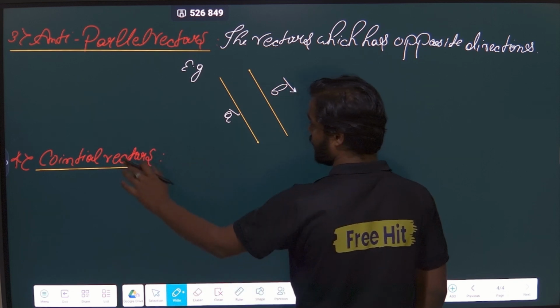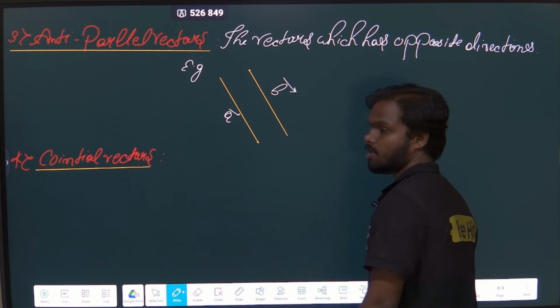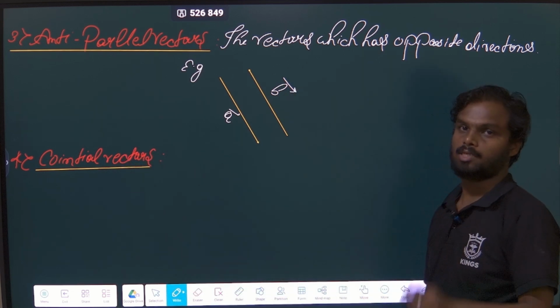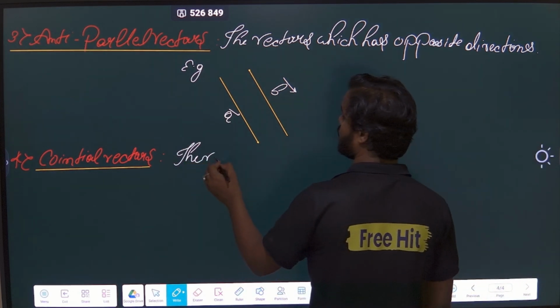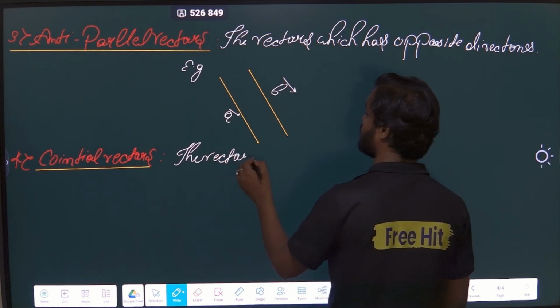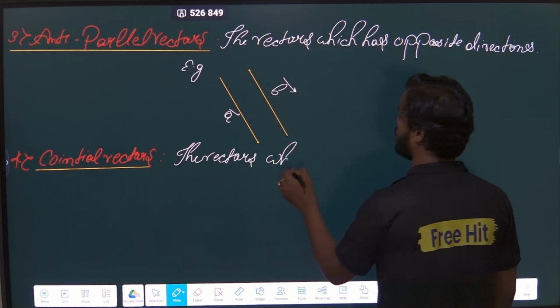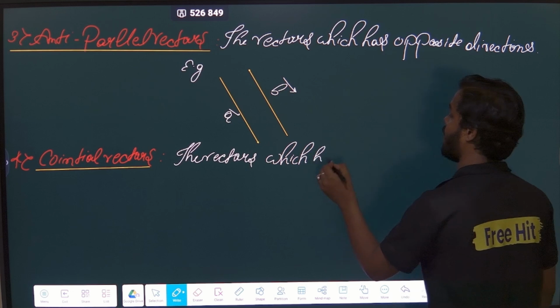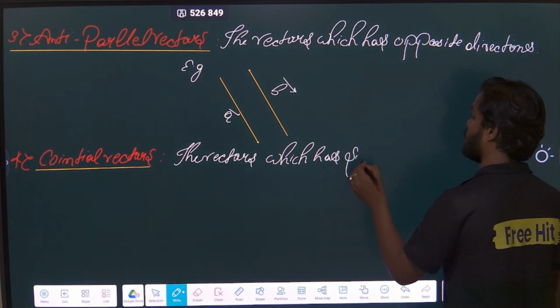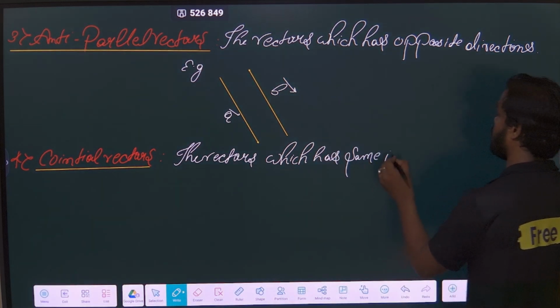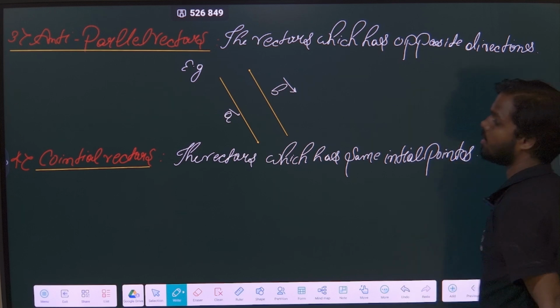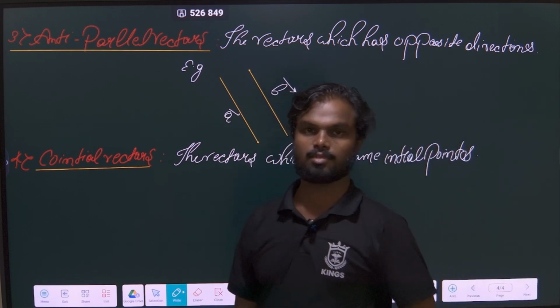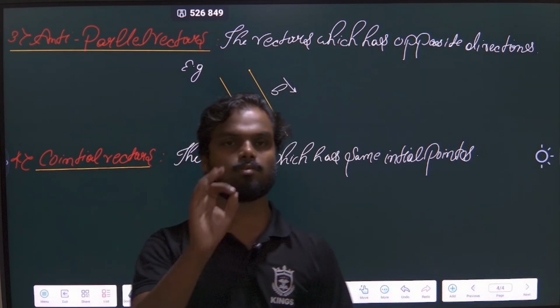It is clear from the name itself: vectors which have the same initial point are called co-initial vectors. So the vectors which have the same initial point are called co-initial vectors.